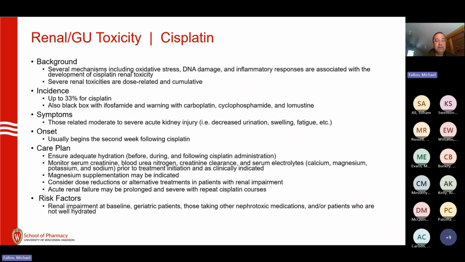So baseline renal impairment, older patients, those already taking NSAIDs, or we try to get patients off NSAIDs for cisplatin, but sometimes it's challenging. And then patients that are not well hydrated may be susceptible, such as with substance abuse, alcohol, and just not keeping hydrated. So important to watch closely.